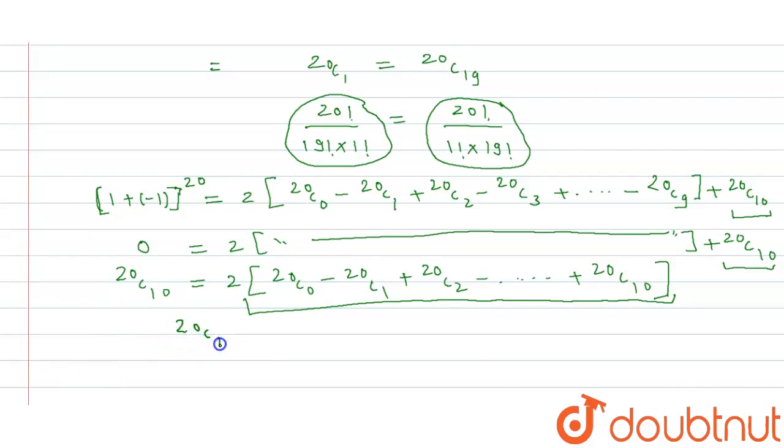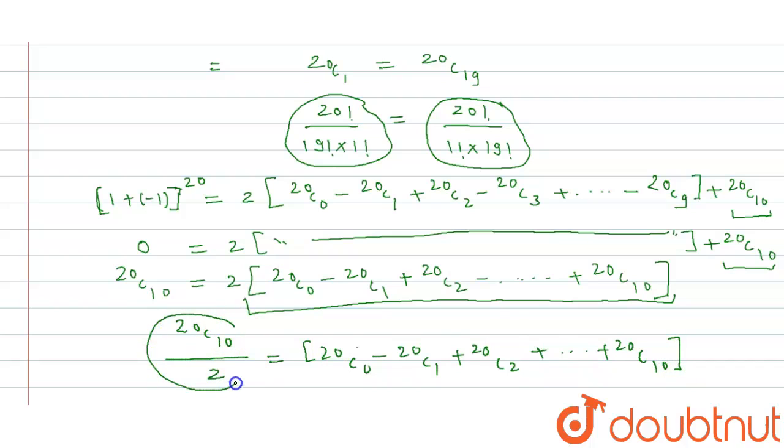So 20C10 divided by 2 is equal to 20C0 minus 20C1 plus 20C2 and so on up to 20C10. So the sum of this series is 20C10 divided by 2. So the answer is 20C10 divided by 2.